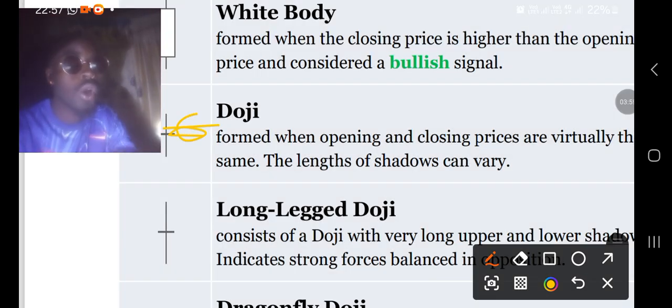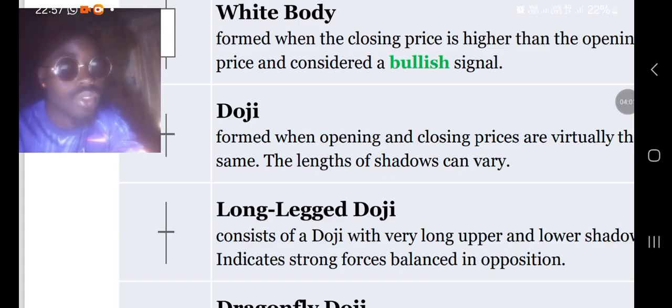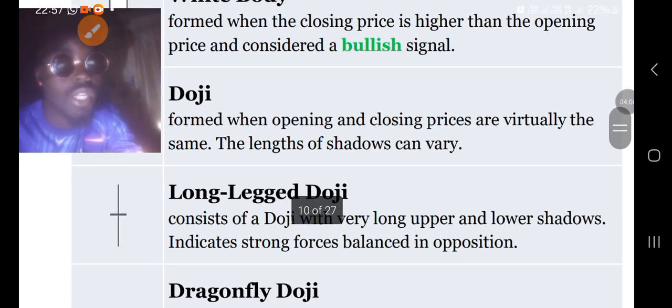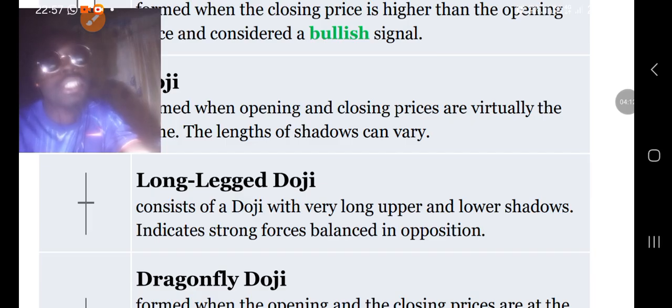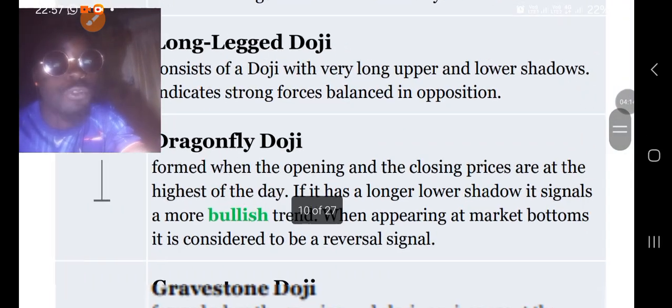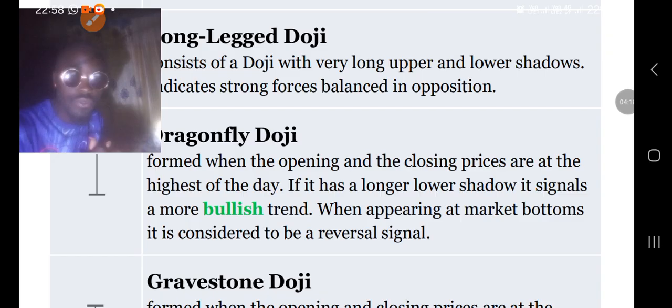Then we have the long-legged doji, which has very long upper and lower shadows and indicates strong forces in balanced opposition. Then we have the dragonfly doji, formed when the opening and closing prices are at the high of the day. With a longer shadow, it signals a more bearish trend when it appears at the top, and it is considered a reversal pattern.